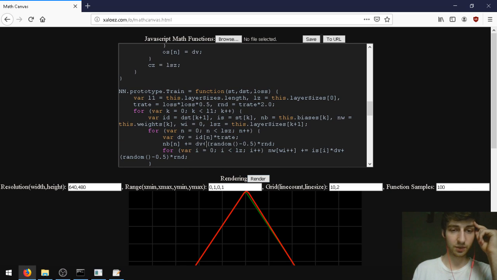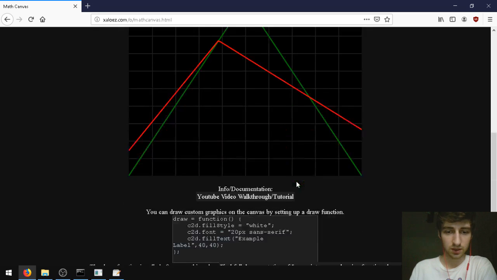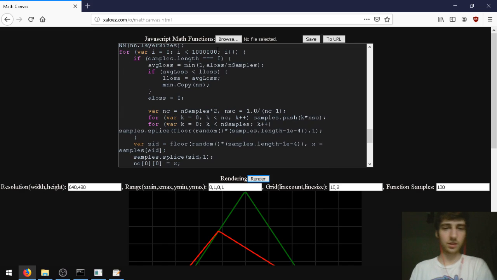And I still have one more thing I want to try. What if I just scale these randomly? What if instead of seeding with random values, I just scale it randomly? No, that didn't work that well.